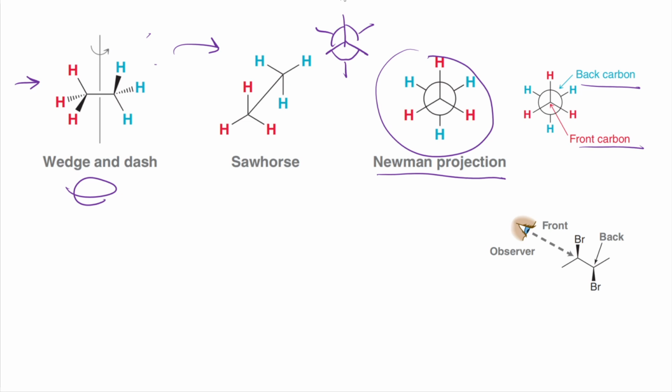For the front carbon, we have an OH group here and hydrogen here, and for the back carbon, this is a broken thing. So this is just the R group and a hydrogen down here, and the OH group here. So this is how you draw the Newman projection.